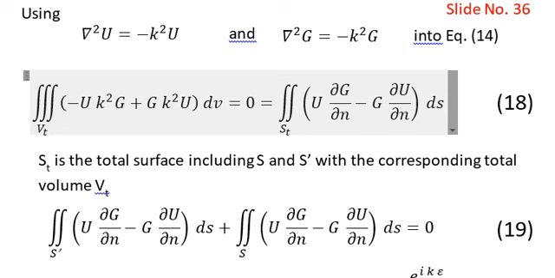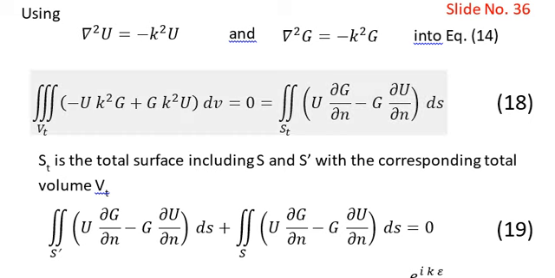One is the capital S surface, which is the outer surface, and the other is the S prime surface, which is located within the capital S surface in the form of a small sphere of radius epsilon centered at the point P naught. The total volume included by these two surfaces is regarded as V_T, that is the total volume.